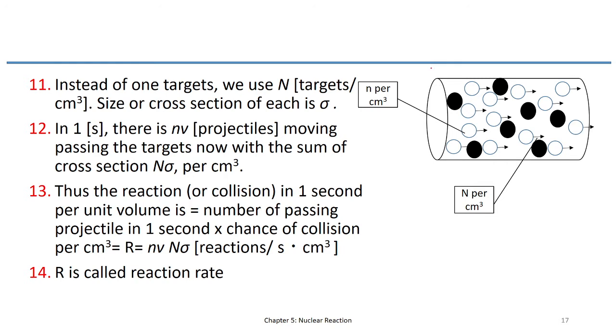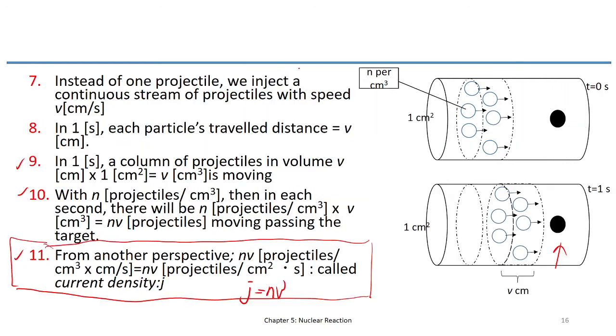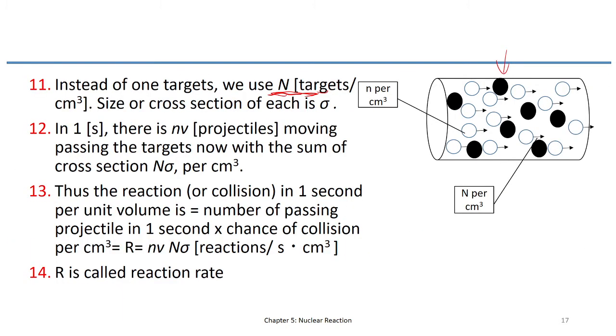It is known that the spread of the target nucleus in the cylinder is, or the density of the target nucleus is, capital N. Just now it was a small n, but this time it is capital N. So that's the density of the targets within the cylinder.